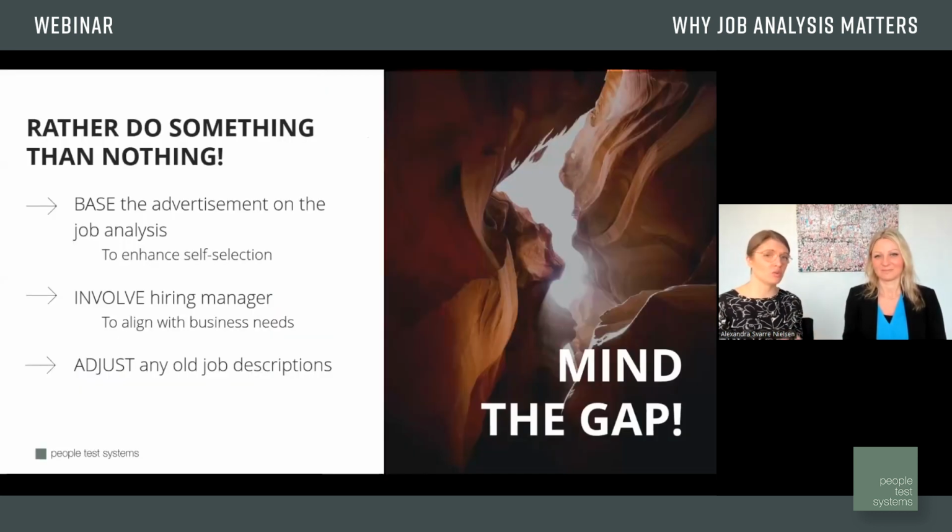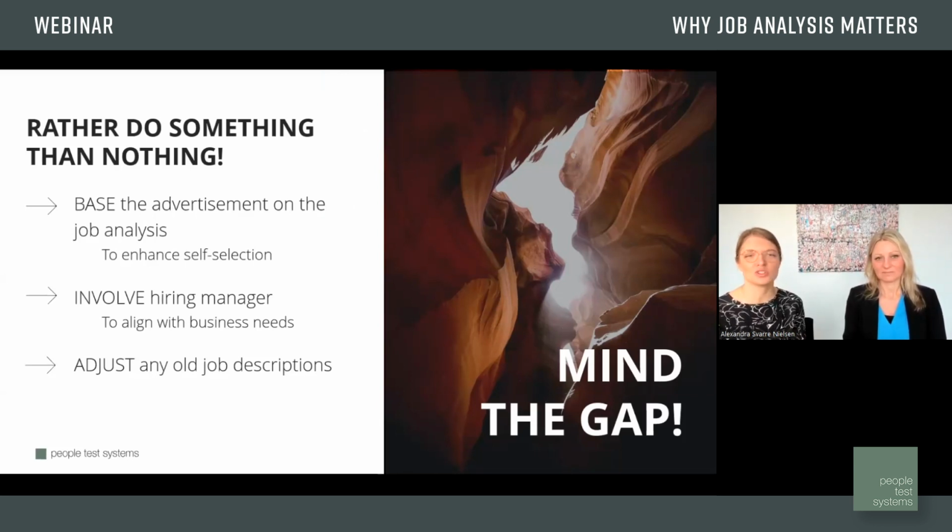Then we also want you to base the advertisement on the job analysis, so make sure that self-selection is relevant. Involve the hiring manager, but make sure that you're involved as well, that you are the key to this. The reason we need to involve a hiring manager is to align business needs. And then adjust any old job descriptions.